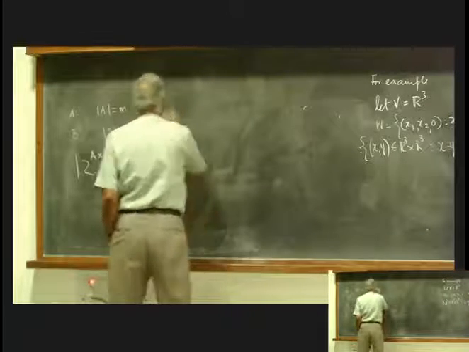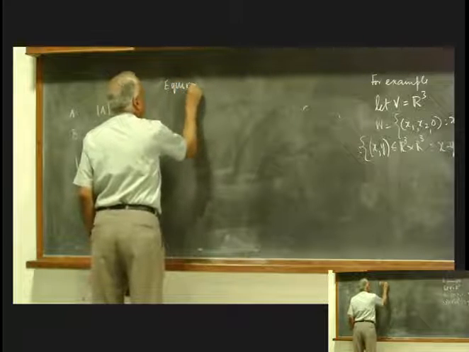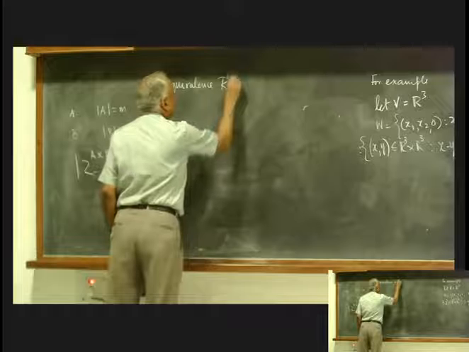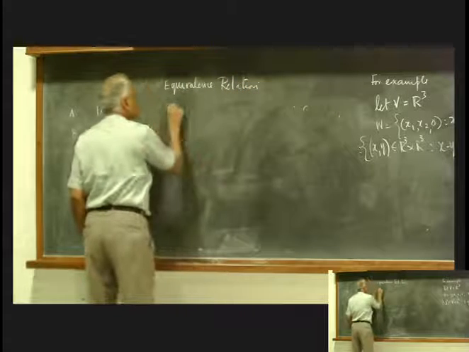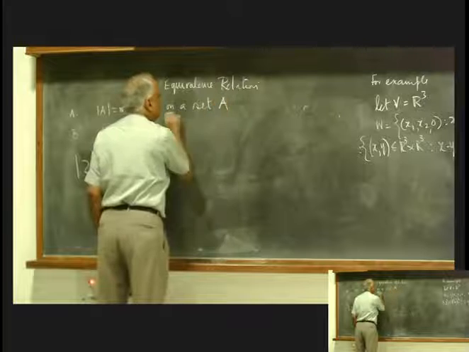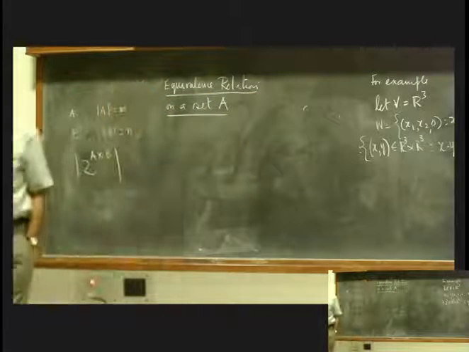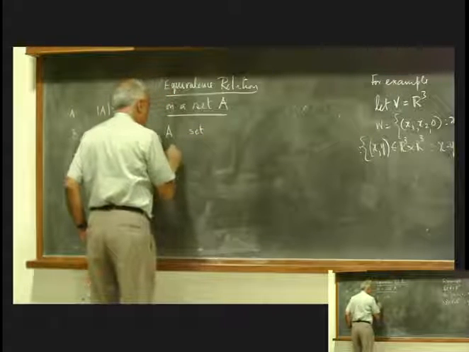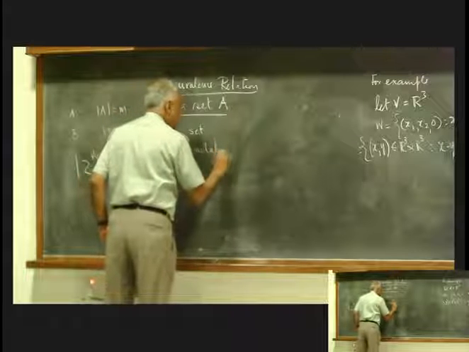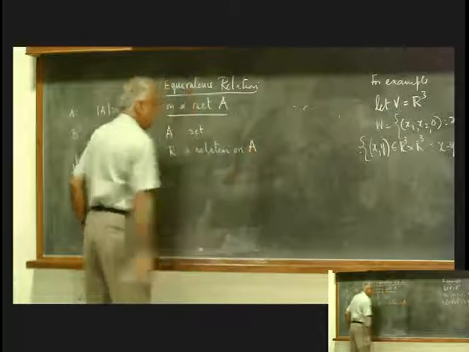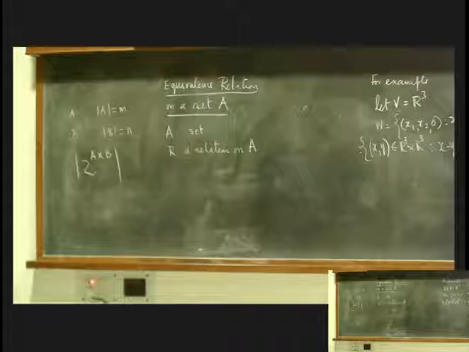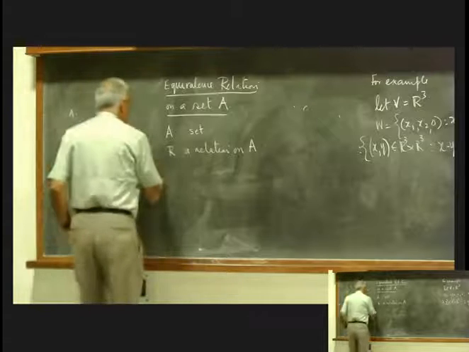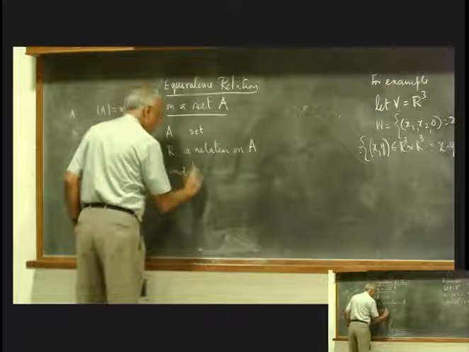The first one is what is known as equivalence relation on the set A. So A is a set and I have R, a relation on A, and we say that it is an equivalence relation if it obeys all those common properties of the equivalence of sets that we had. So this is all common knowledge.